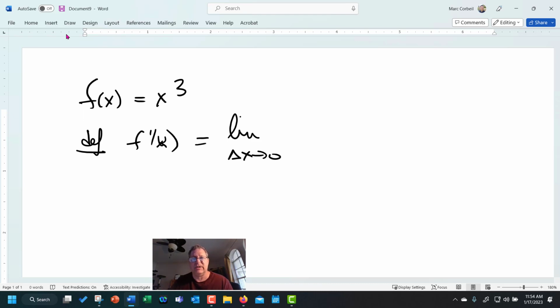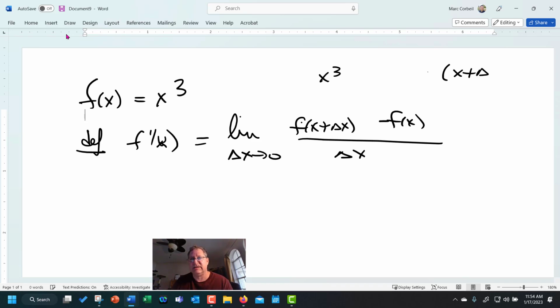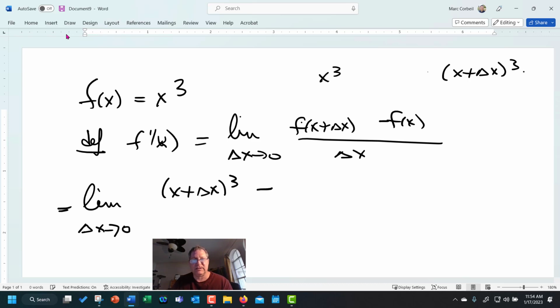If f of x is x cubed, our definition is going to be f of x plus delta x minus f of x all over delta x. So we'll have to take x plus delta x cubed. Well, that's going to be fun. That part is going to be a little longer to write, but let's go ahead and do that. f of x plus delta x is x plus delta x cubed, minus f of x, just x cubed, all over delta x.